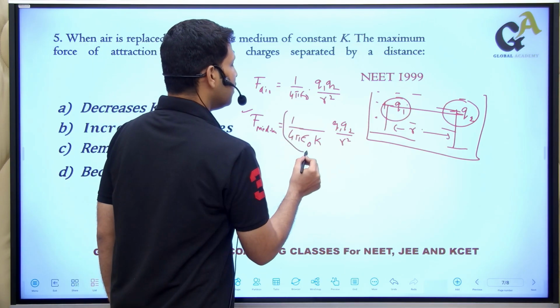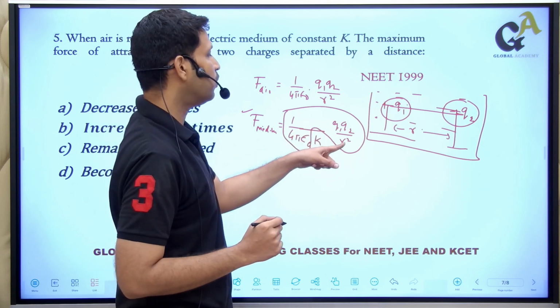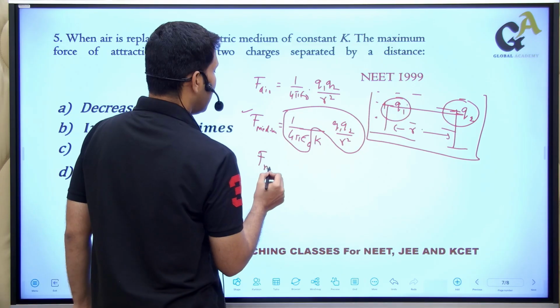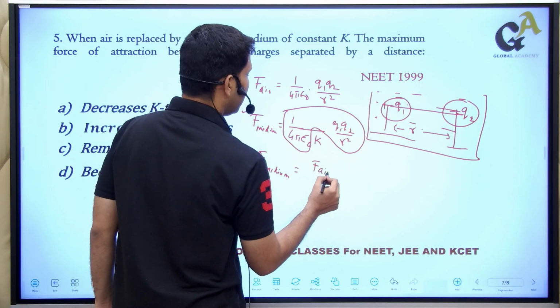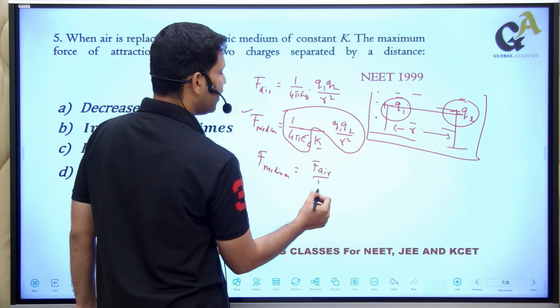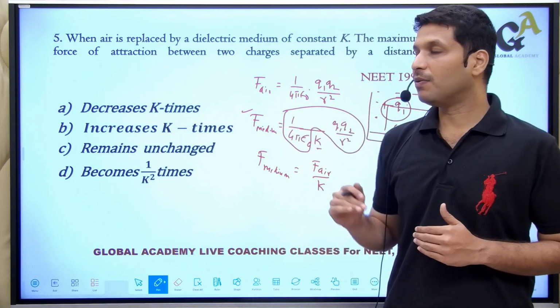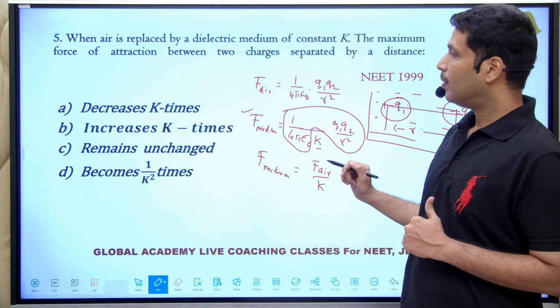See here, 1 divided by 4 pi epsilon naught q1 q2 divided by r square is nothing but F air, right? So the force in the medium is equal to the force in the air divided by k. Therefore the force in the medium is reduced 1 by k times compared to the force in the air.